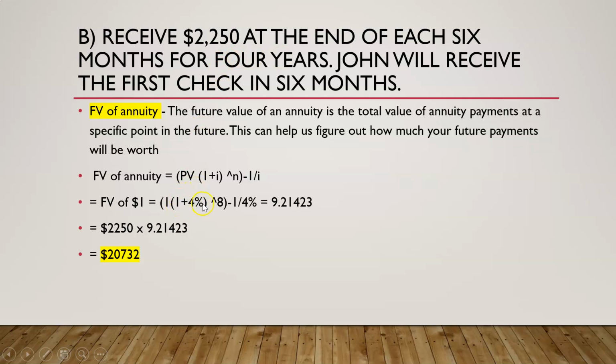So 1 plus 4% to the power 8, since it is 4 years and he's receiving it every 6 months, that means 4 years is now converted to 8 periods of time. So to the power 8 minus 1 divided by 4%. It gives us a future value of 9.21423. Now if we multiply this with the present value, that is $2,250, this will give us $20,732 as the future value of this $2,250.